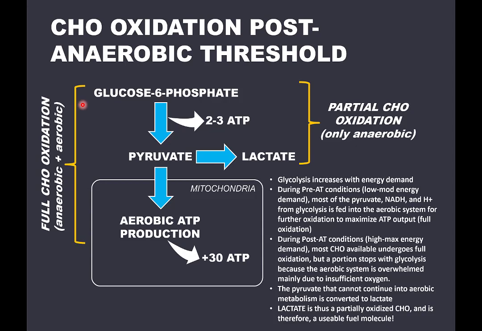Increased fast glycolysis or lactic system activity, which is the same thing as the first answer choice. 3rd, increased lactate production, which occurs because the fast glycolysis or lactic system is increased in activity. 4, increasing full carbohydrate oxidation with greater increases in partial carbohydrate oxidation, which is basically saying that this and this is both highly active during post-anaerobic threshold exercise. So all 4 of those answer choices would be correct.